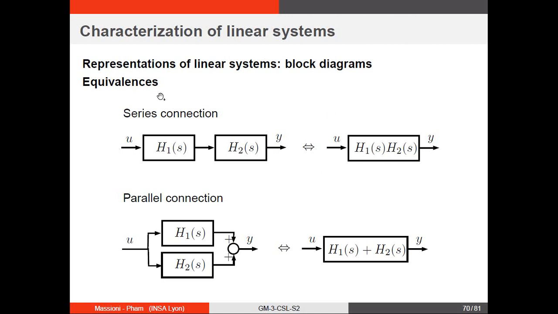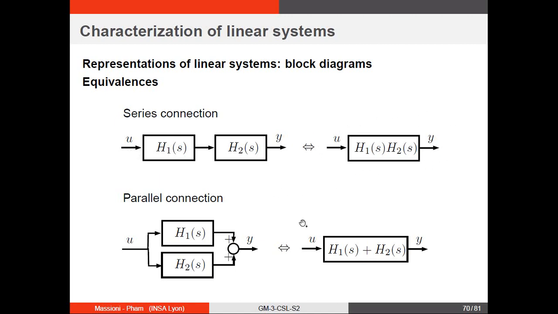So basically, if you have a series interconnection, you can just replace the input-output relation with one single block containing the product of the transfer functions in the two blocks. Why is it so? Well, this is very easy. Y equals this signal here times h2, and this signal here is h1 times u. So y is h2 times h1 times u. There you go, you have it here.